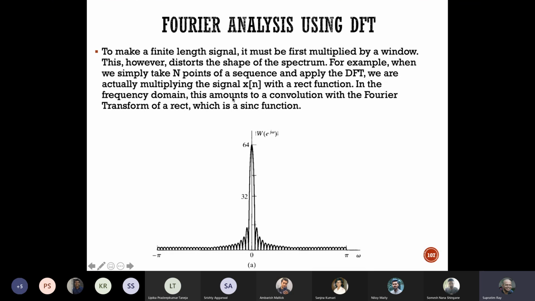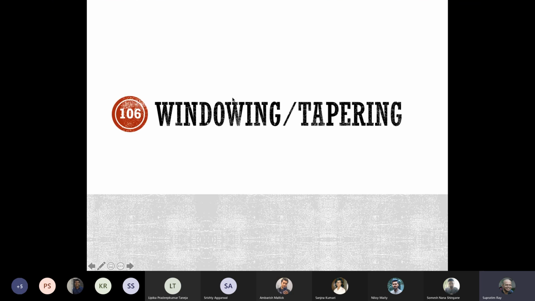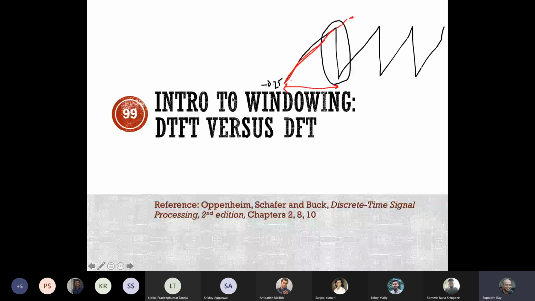So if I go back here, think about this. What I'm trying to suggest is that whether or not you like it, you are always looking at a signal which is multiplied with some window when you look at a finite length signal.